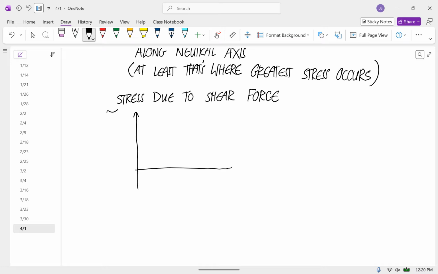So this is going to be our tau XY. And this is going to be the bottom. This is going to be the midpoint. And this is going to be the top.